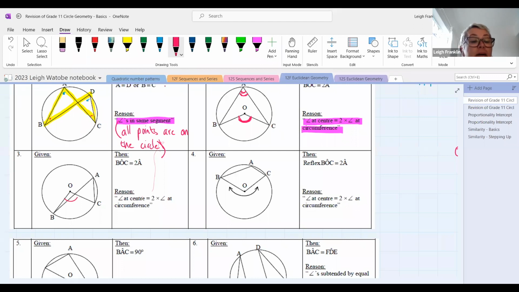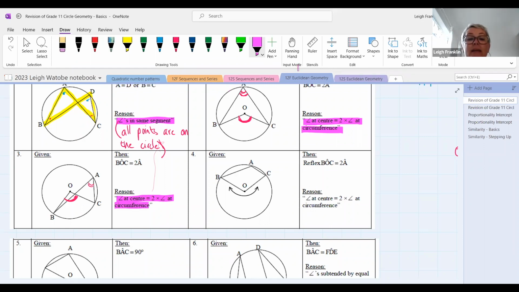So here the angle at the center is twice as large as the angle at the circumference. And then we can move those arms up even further.